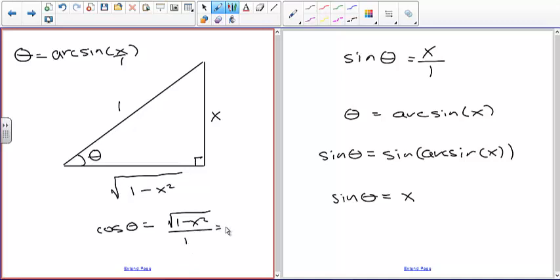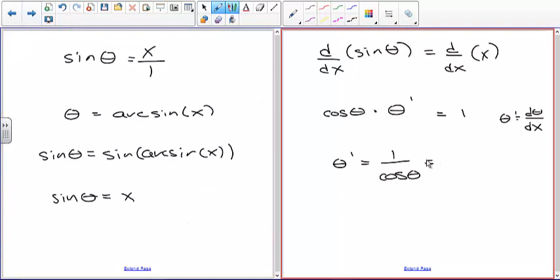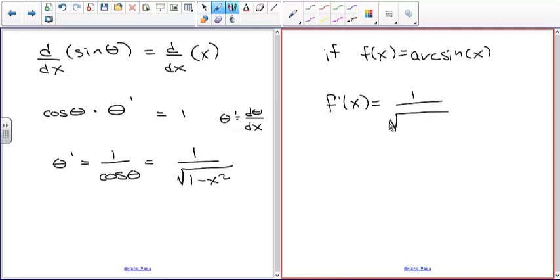So the cosine of theta, based on my originally defined triangle, is equal to the square root of 1 minus x squared. So I plug that back into my equation, and I get 1 divided by the square root of 1 minus x squared. So if f of x equals the arc sine of x, f prime of x equals 1 divided by the square root of 1 minus x squared.